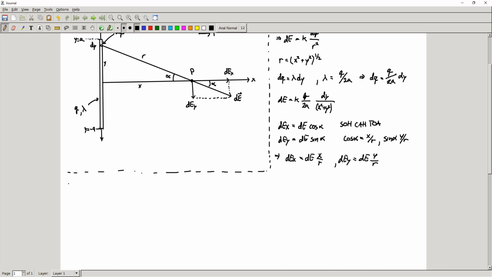So we'll move over here now. And so what are we going to end up having? We're going to end up having dEx, and this is just by substitution here. I'm just substituting in for dE what we generated up here, right?